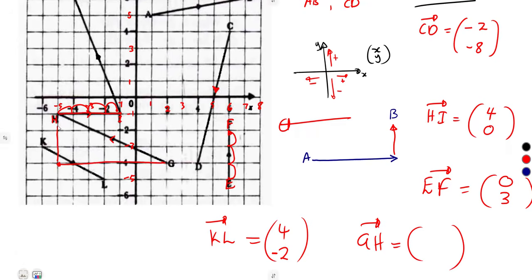Then we go up to H. So how many units in the X-axis? 1, 2, 3, 4, 5, 6, 7. And that's a negative because we are going to the left. So this is negative. And going up, gonna move 1, 2, 3. 3 units going up. That's a positive in the Y-axis. So that's our vector G to H.